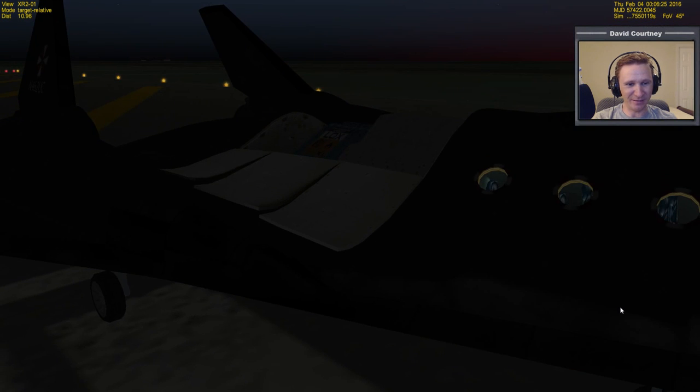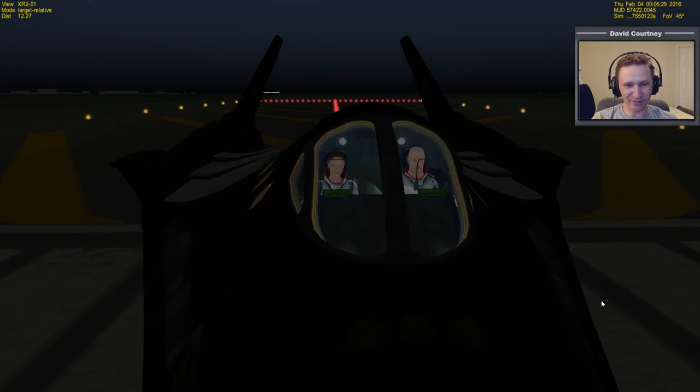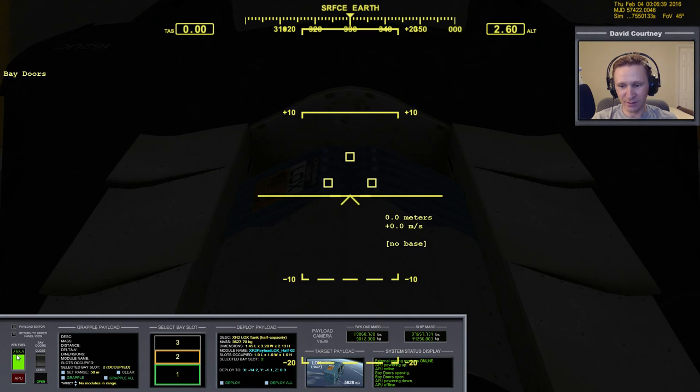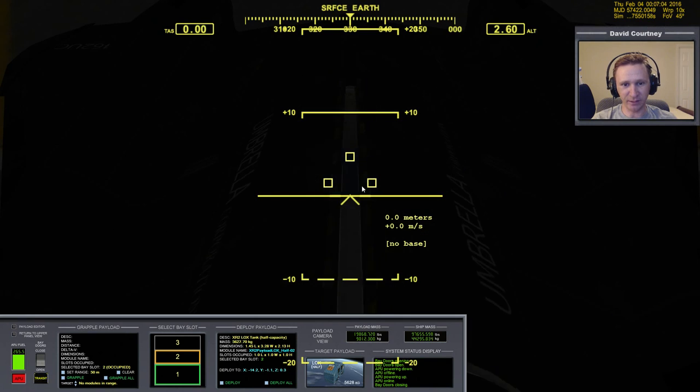So it's actually kind of a bit unrealistic, in my opinion, to imagine 14 people in this thing for 180 days. It seems awfully cramped, but nevertheless, we'll give them that additional crew habitat space just so they're not quite so uncomfortable. All right, let's go ahead and close those doors back up. I just wanted to show what that looked like. Use a little bit of time warp to speed up the animation and turn off the APU.